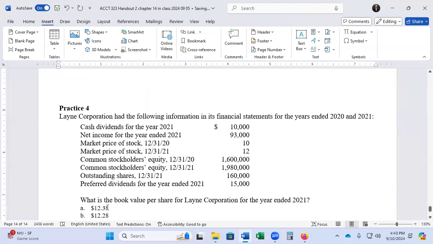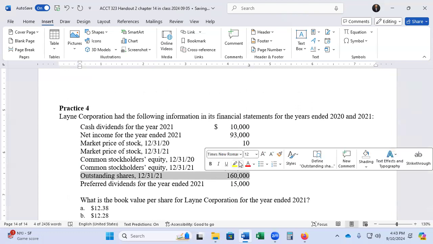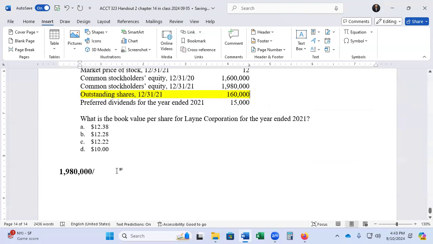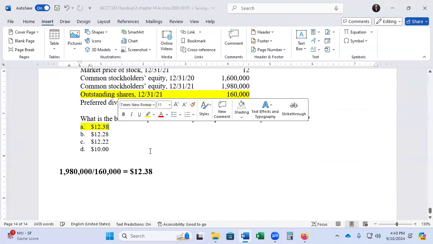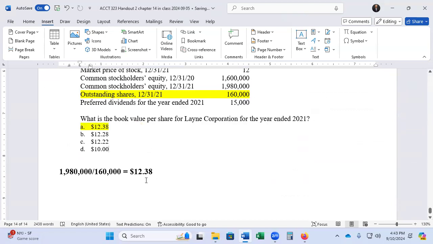In this case, the outstanding shares are 160,000. So you divide that by 160 and you end up with $12.38. Any questions?